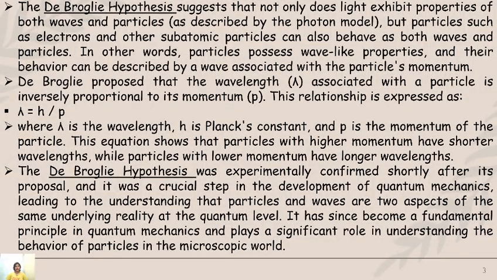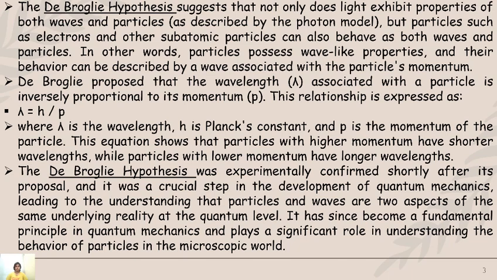Next, the de Broglie hypothesis suggests that not only does light exhibit properties of both waves and particles, but particles such as electrons and other subatomic particles can also behave as both waves and particles. In other words, particles possess wave-like properties, and their behavior can be described by the wave associated with the particle of momentum.